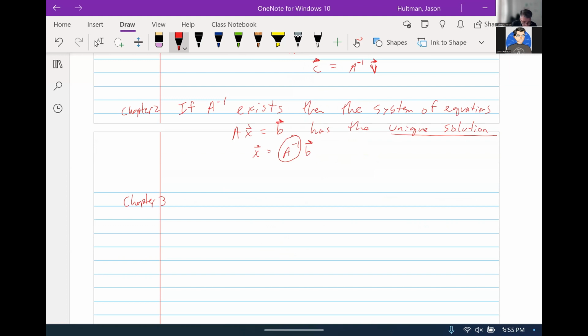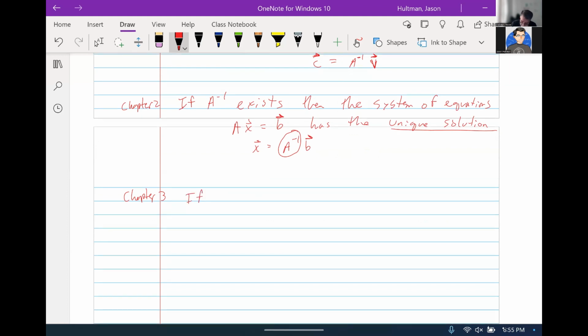Property 8 says if A is invertible, then the determinant of A inverse is equal to 1 over the determinant of A, and thus the determinant of A cannot be equal to 0. So what happens if the determinant is equal to 0?